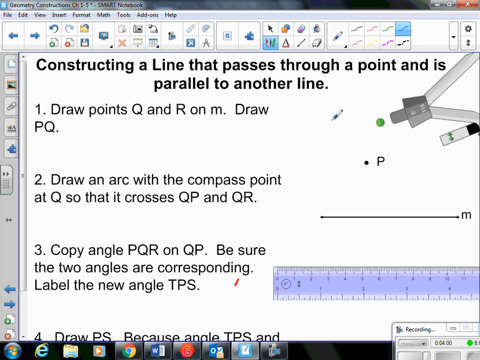So we want to make a line that's going to go through point P that's going to end up being parallel to line M. And so first thing it says is to draw points Q and R on line M, and it doesn't matter where you draw them. These are just reference points. I got Q and R on there.